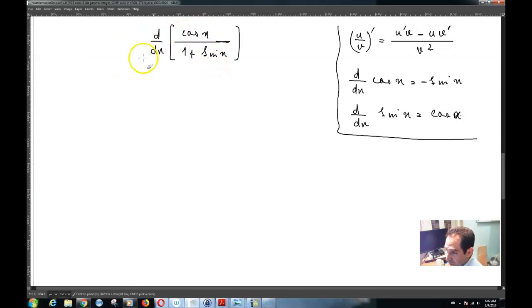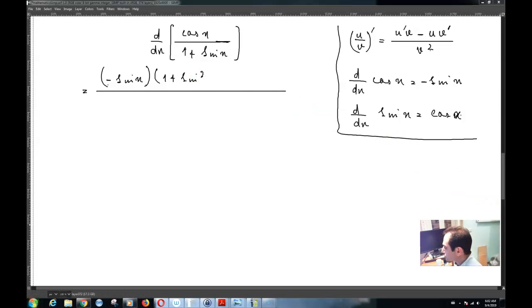So I can write this as u prime, the derivative of cos x, which is negative sine x, times v, which is 1 plus sine x, and minus the first function, which is cos x, times the derivative of the second function, which is d by dx of 1 plus sine x.